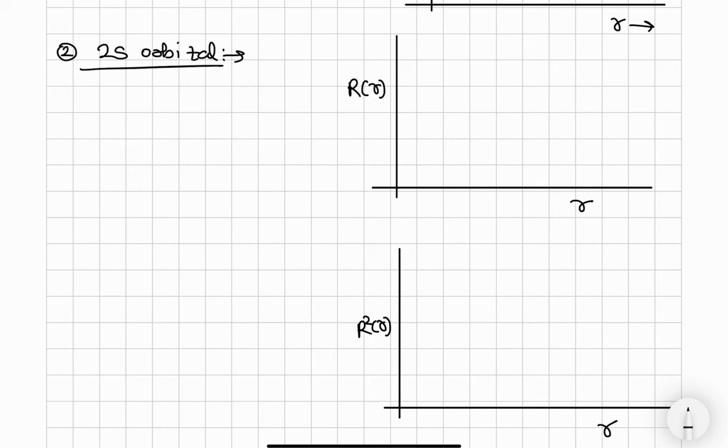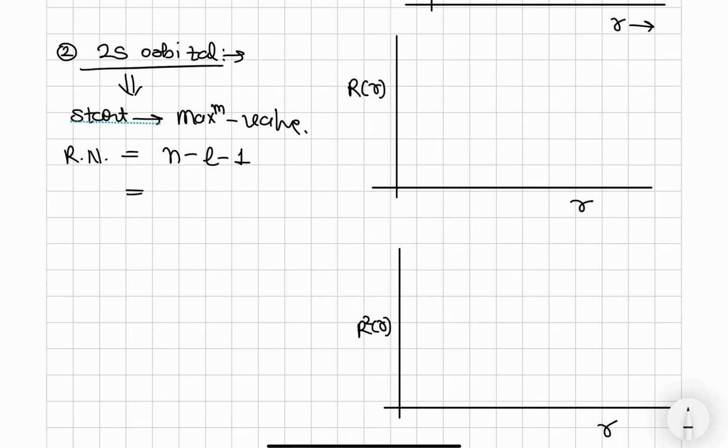Because this is an s orbital, the graph will start from a maximum value, and for finding cuts with the x-axis we will find the radial node. Radial node will be n minus l minus 1.